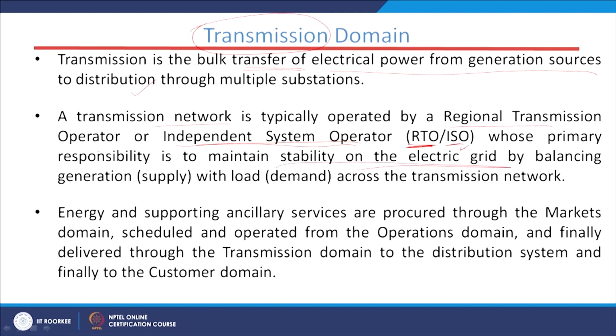How will the stability be maintained? It is going to be maintained by balancing the generation and the load. If our generation is matching our load, the system will be stable, frequency will be stable and the voltage will be stable. Then only we can say the system is stable.